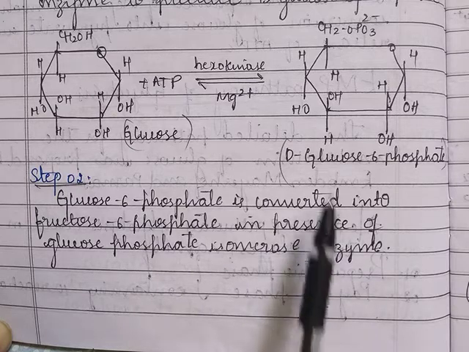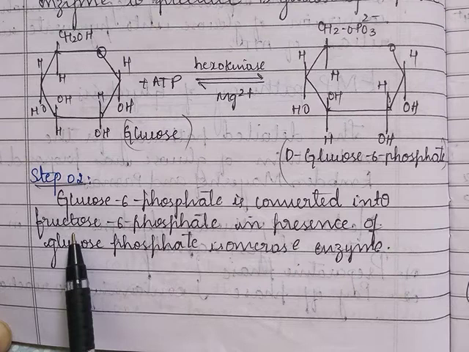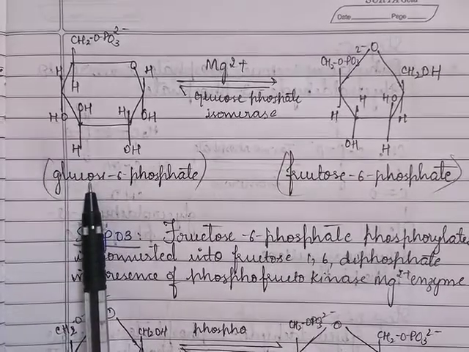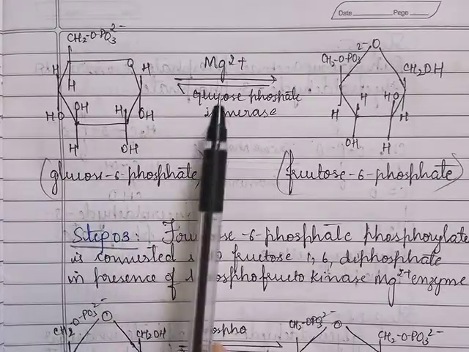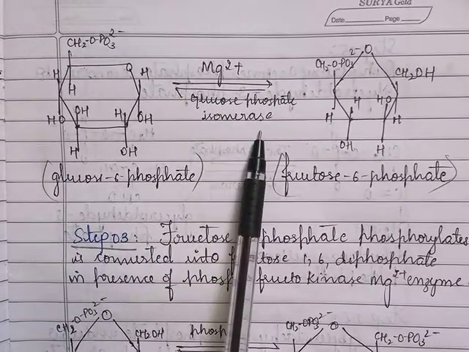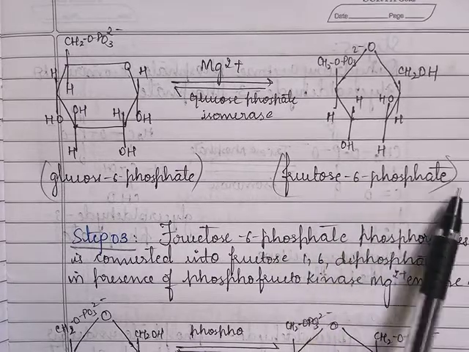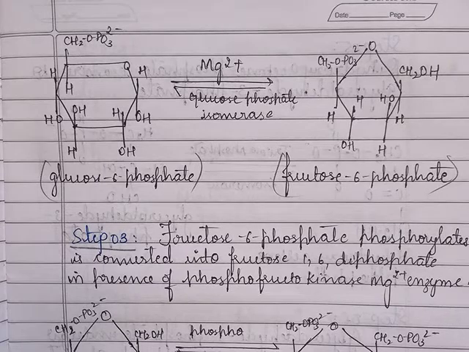So in the second step, glucose 6-phosphate is converted into fructose 6-phosphate. That is step number 2.